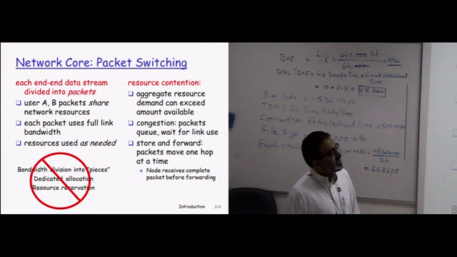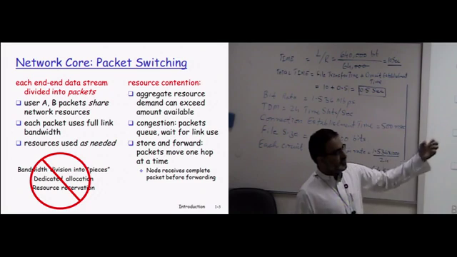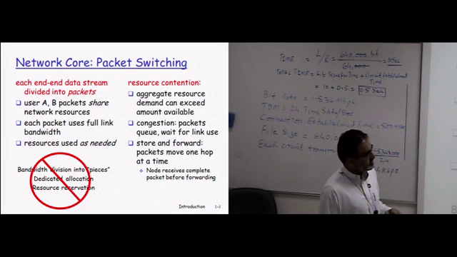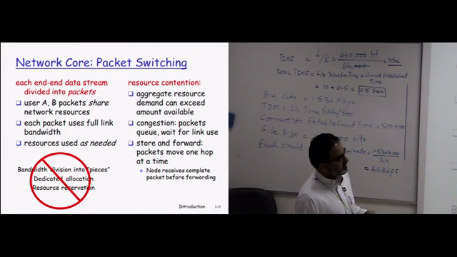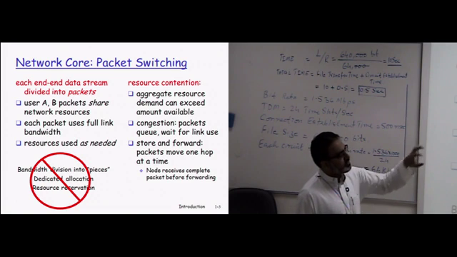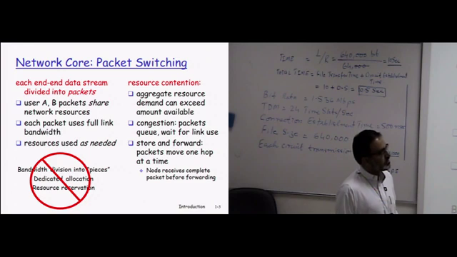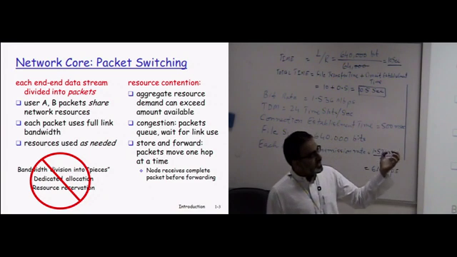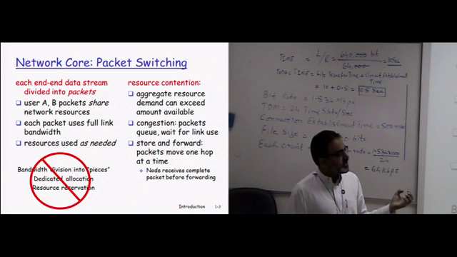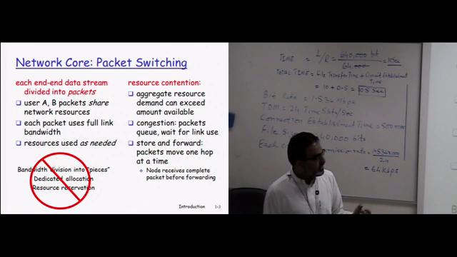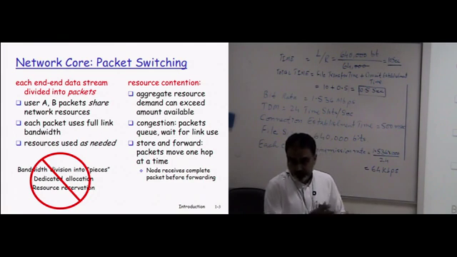So definitely, if multiple users will be competing for the resources, there are chances that there will be contention on the resources. So the overall demand for the resources can exceed the amount of resources available, because multiple users will compete to share the resources.